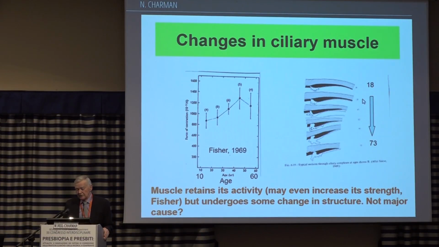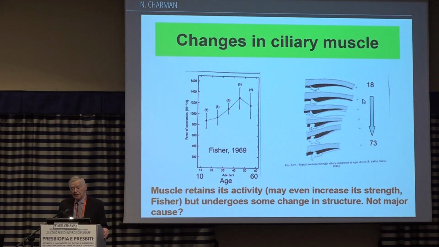Let's look then at the individual components. What about the ciliary muscle? Does it lose strength? Remember, that's what some early authors suggested. The answer has been known for some time, it does not lose strength. It changes shape slightly and it changes position as a result of the lens changing position.